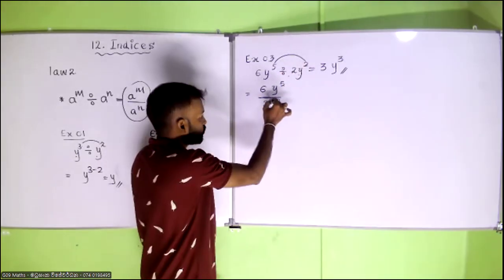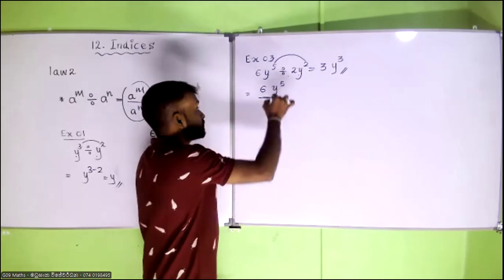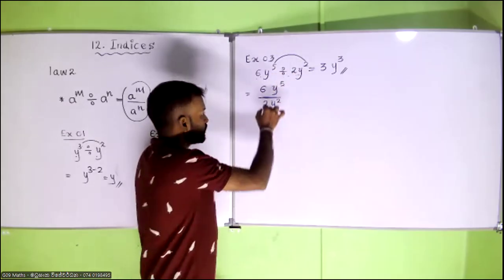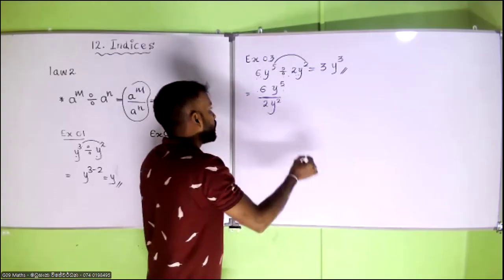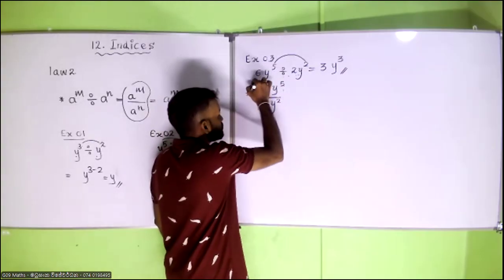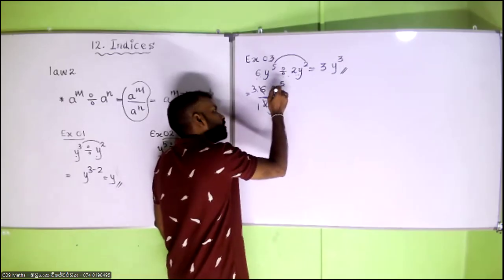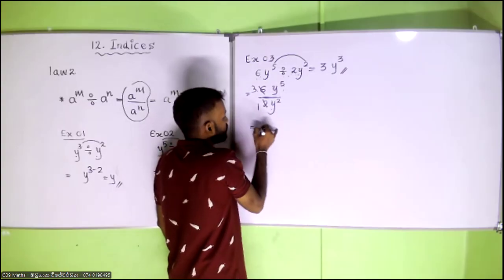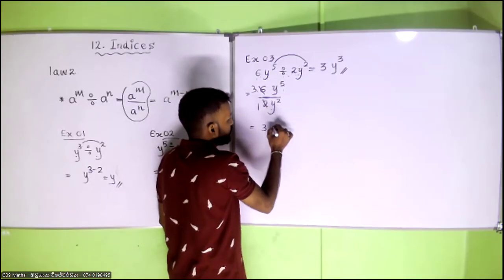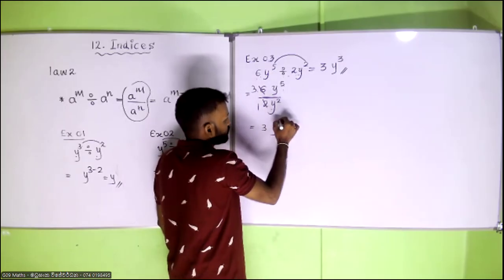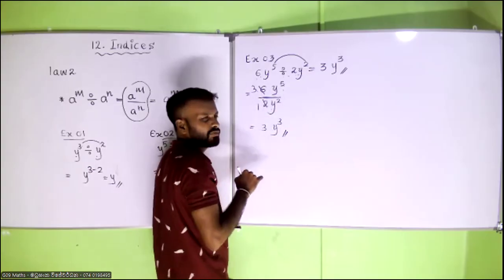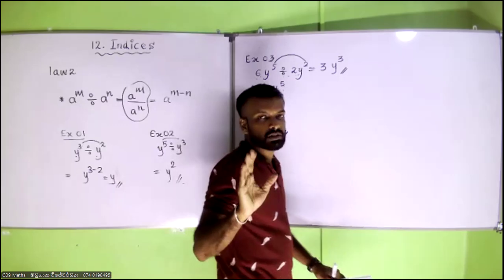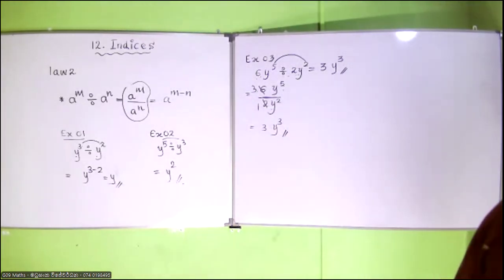In the numerator and denominator, numerator divided by denominator means 6 divided by 2, 3. Same base, y, 5 minus 2, 3. I'm not going to write out 5 minus 2 and waste your time, or waste steps.